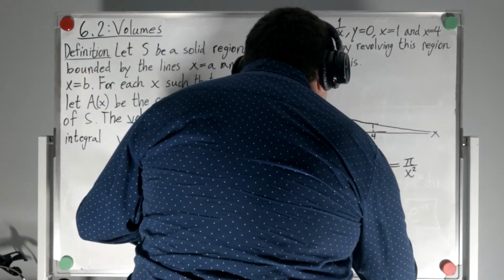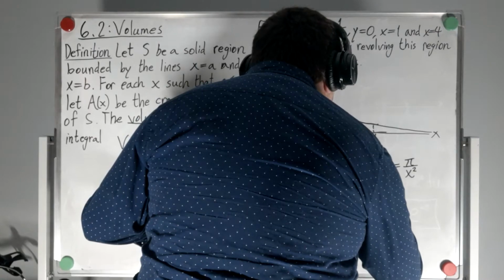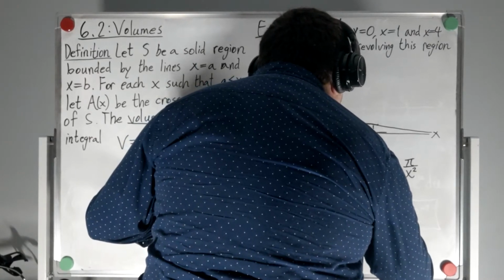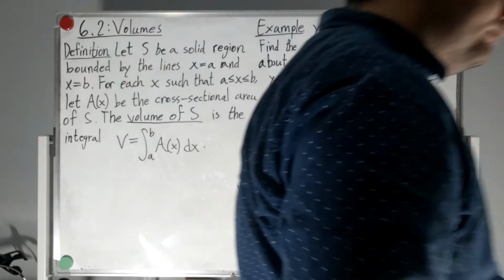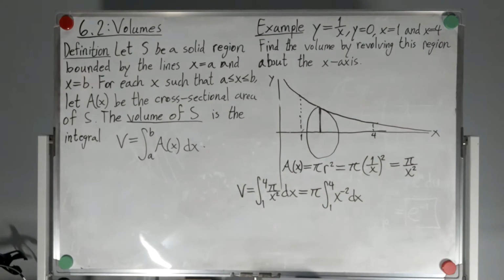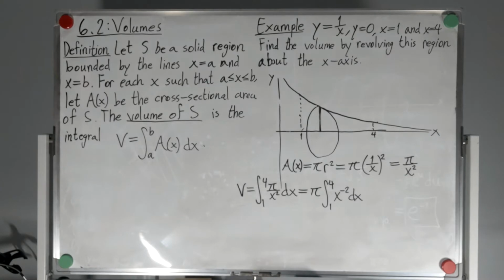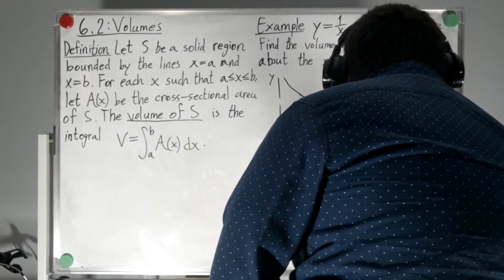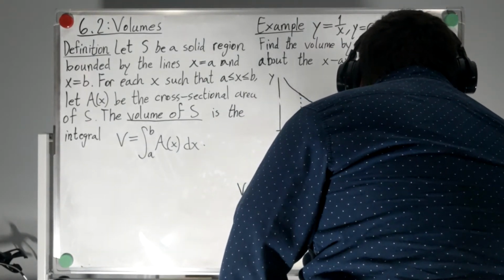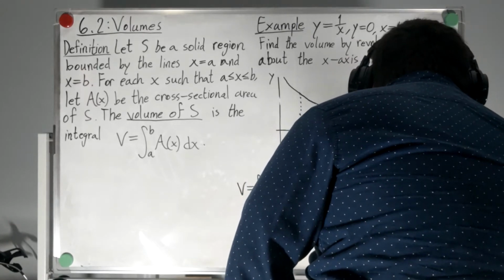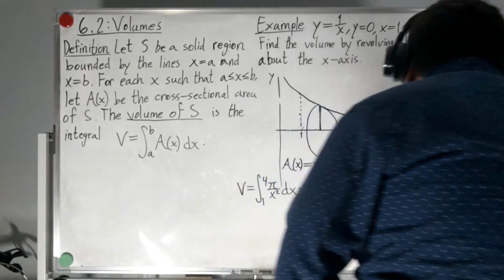This is pi integral from 1 to 4, x to the negative 2. Add 1 to the exponent and then divide by the new exponent. So we'll get negative pi x to the negative 1, evaluated from 1 to 4.